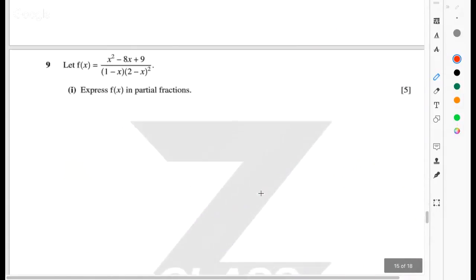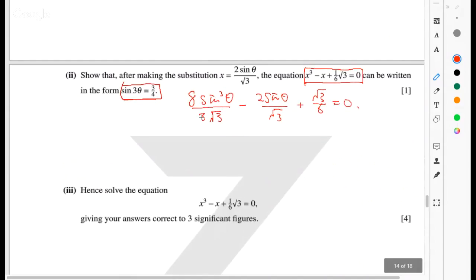So let's divide everything by 2 and multiply everything by 3 root 3. Maybe multiply everything by minus 1 as well.